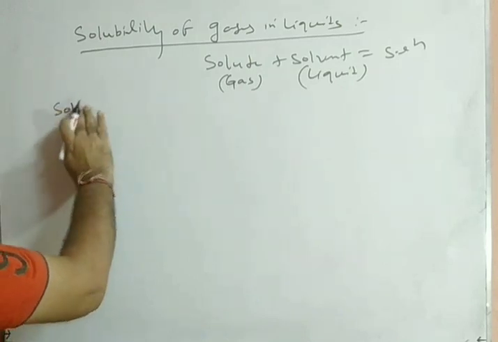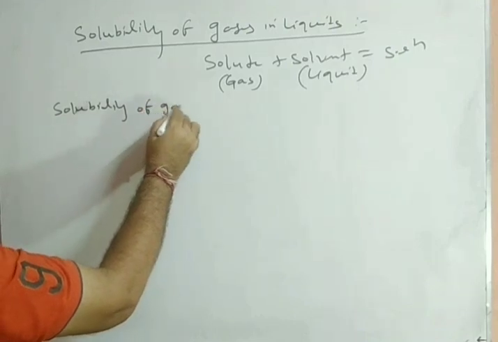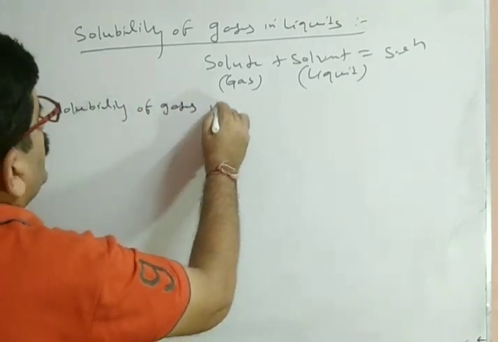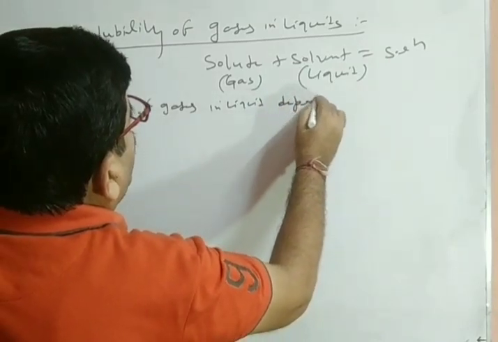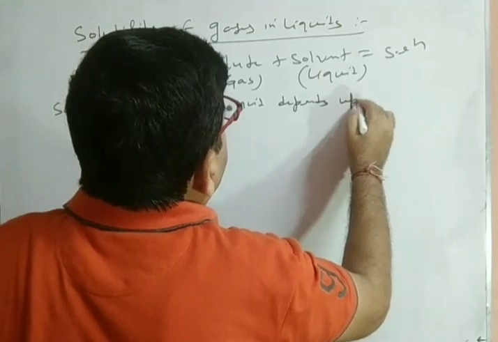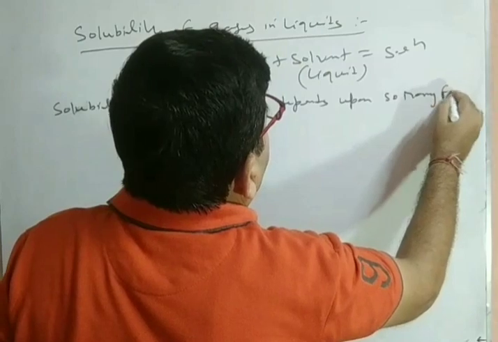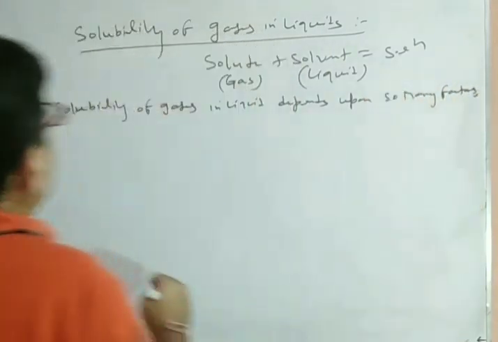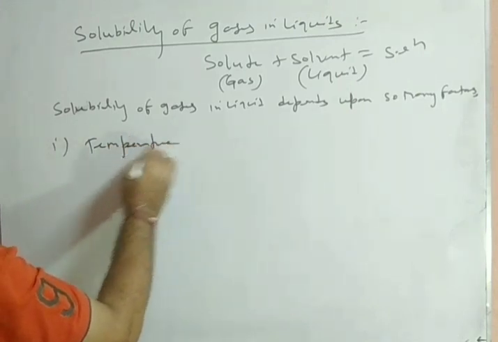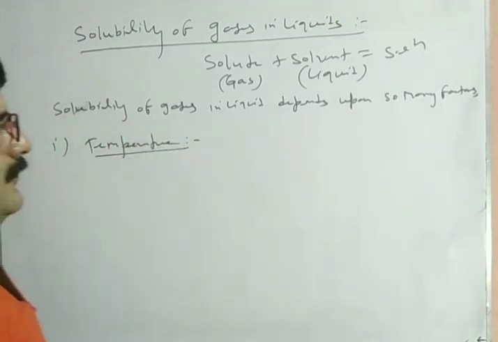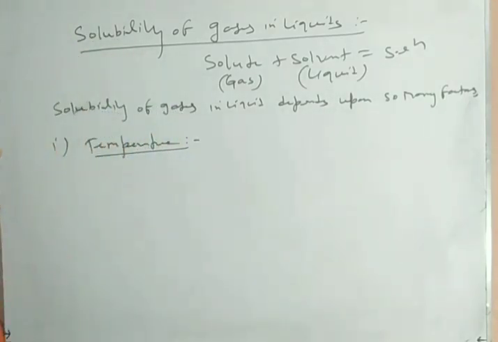Solubility of gases and liquid depends upon so many factors. The first important factor is what? Temperature. This pattern of solution is exothermic in nature.